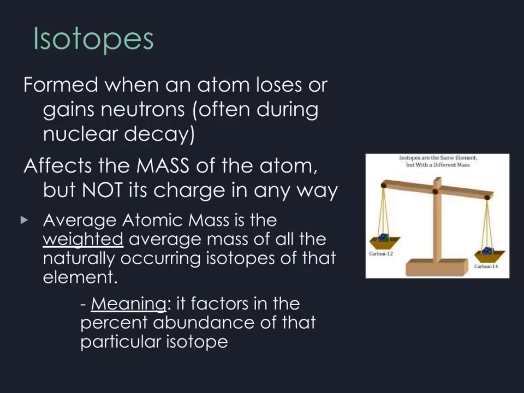Since neutrons have no charge, they don't affect the charge when they increase or decrease, but it does affect the mass. Now, we already mentioned that the average atomic mass is the weighted average, okay? So think about your grades.